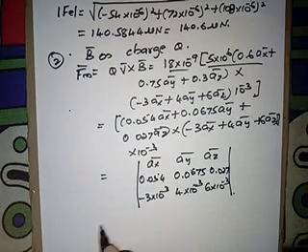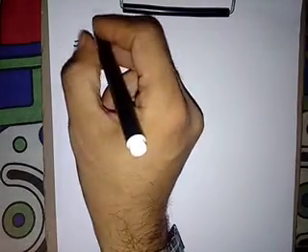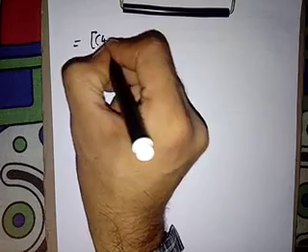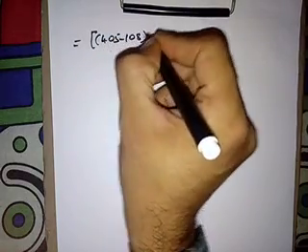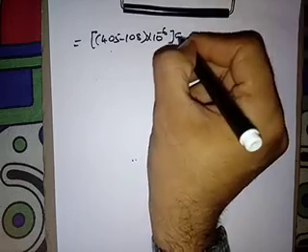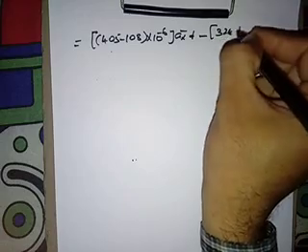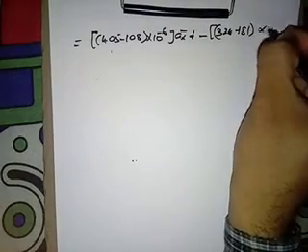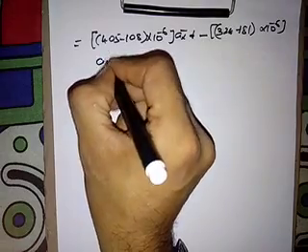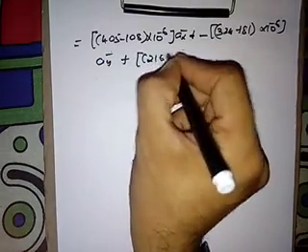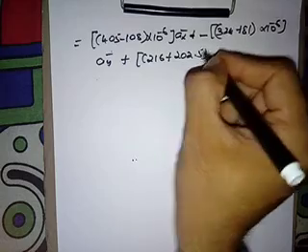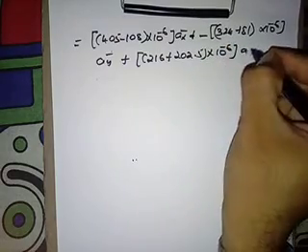So this will be further equal to 405 minus 108 into 10 raised to minus 6 ax bar, then minus of 324 plus 81 into 10 raised to minus 6 ay bar, plus 216 plus 202.5 into 10 raised to minus 6 az bar.